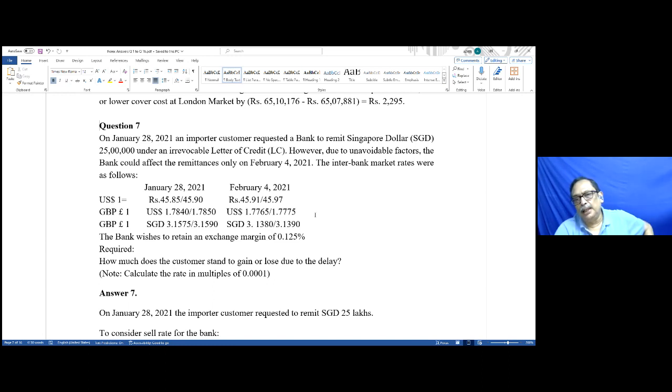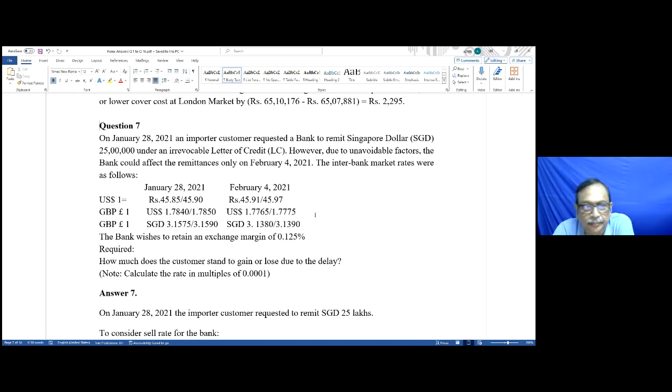Now we are provided with the interbank market rates on both the dates, that is January 28, 2021 and February 4, 2021. US dollar 1 is rupees 45.85 and 45.90. And on February 4, 2021, it is rupees 45.91 and 45.97.